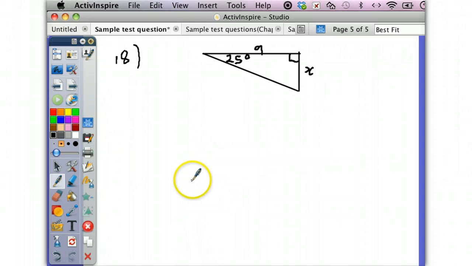SOH, CAH, or TOA for this one? Abby, what do you think? All right, let's try tan 25. Let me write: tan 25 equals what? X over 9.